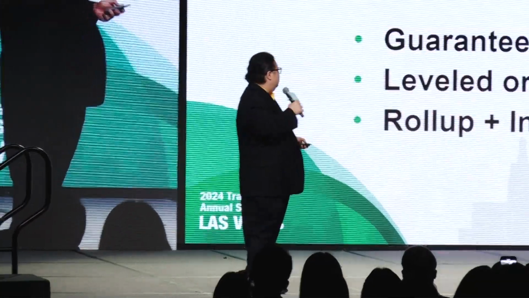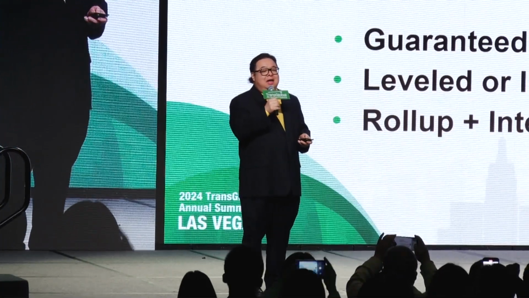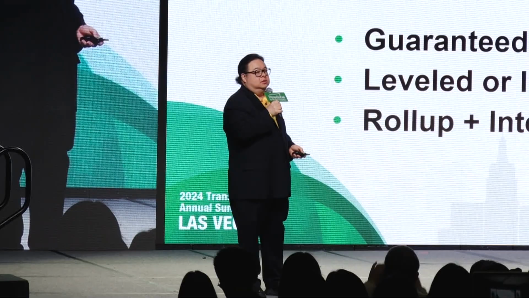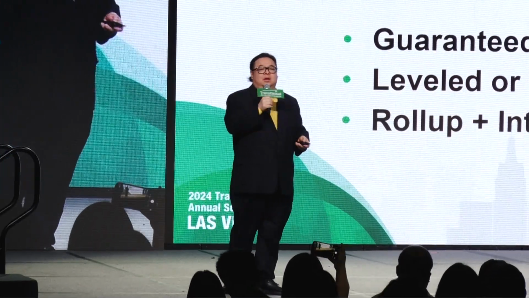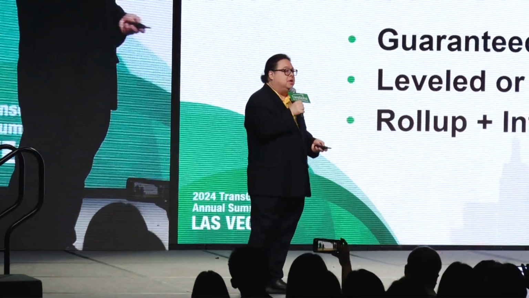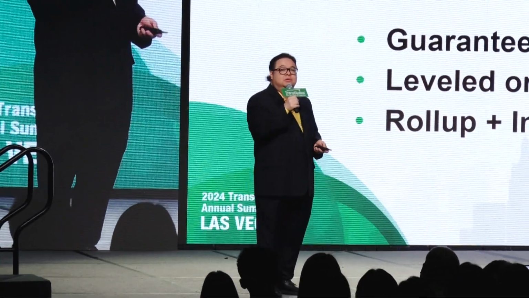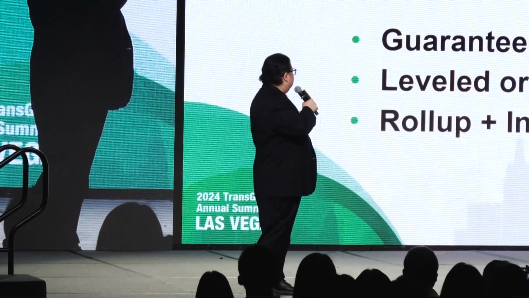Okay? All right. The next section, I'm going to talk about hybrid. Some people will think, oh, I want guaranteed growth, but I also want potential growth. Can I have both? Yes, you can have both. We have something called hybrid.